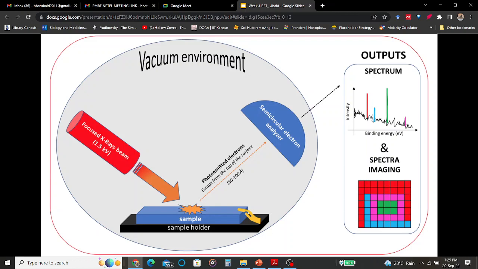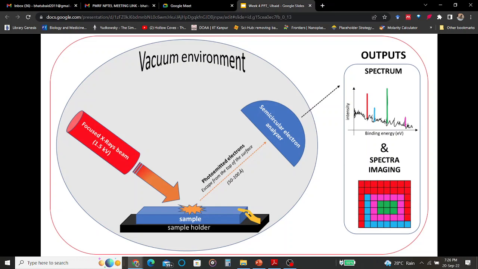It is a surface analysis tool, and with the help of XPS, the surface can be analyzed up to a depth of 10 nanometers.